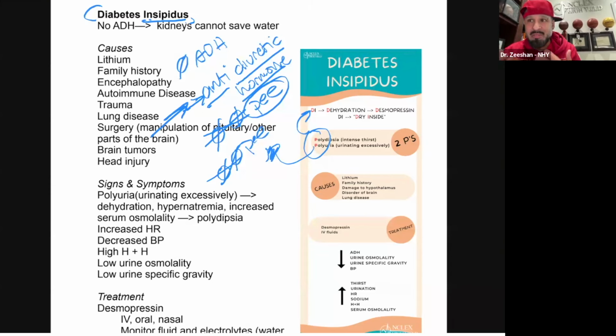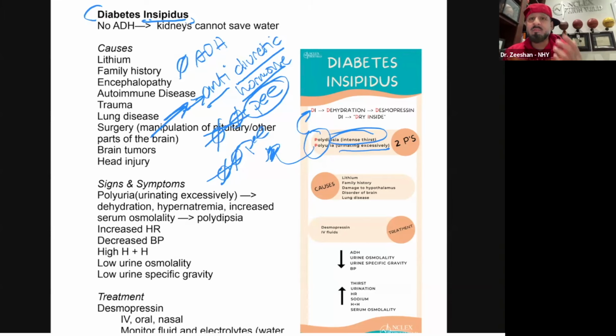So if I'm peeing, am I not naturally going to become thirsty? If I'm urinating excessively, I'm going to have this intense thirst. So we've got this polyuria and this polydipsia.